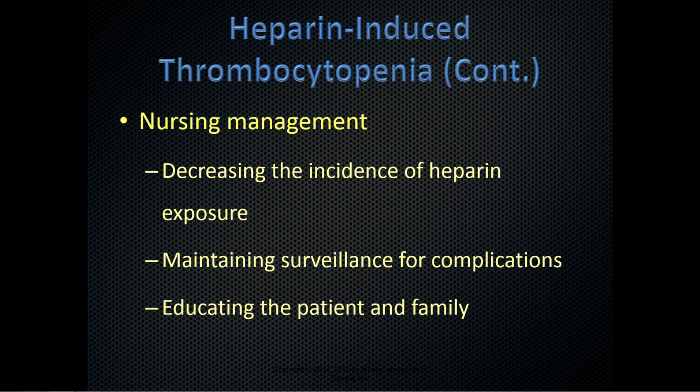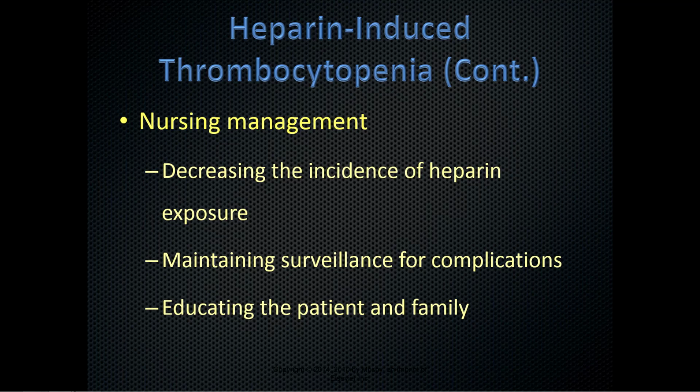Ensuring that all heparin has been removed from the patient's hemodynamic pressure monitoring systems, and avoiding any heparin-coated catheters or heparin flushes, has to be paramount in the care. Patients with HIT do remain at high risk for thrombotic complications for several days to weeks after the cessation of heparin.